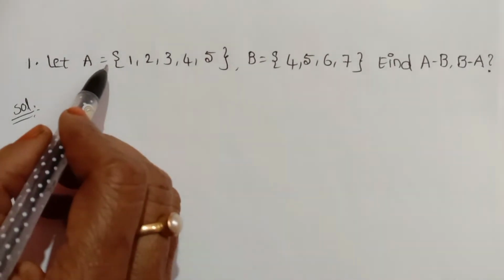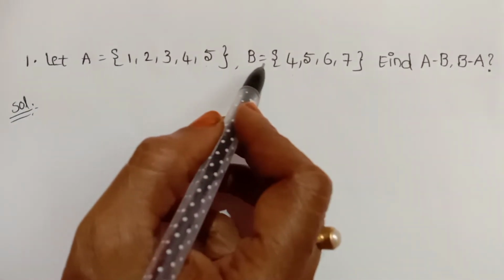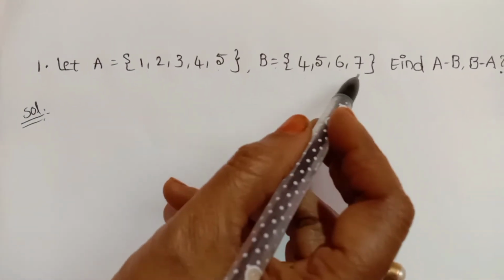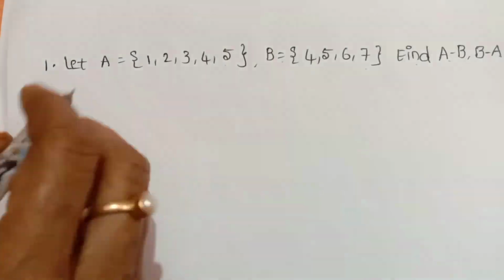Let A be 1, 2, 3, 4, 5 and B be 4, 5, 6, 7. Find A minus B and B minus A.